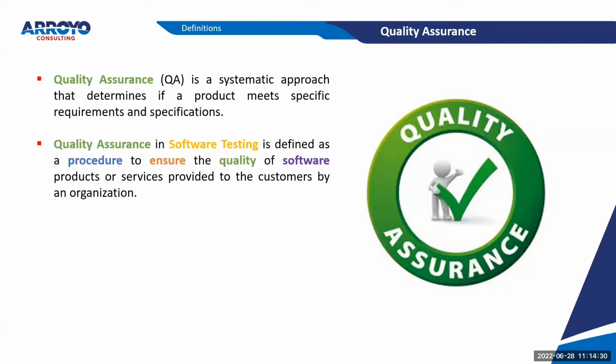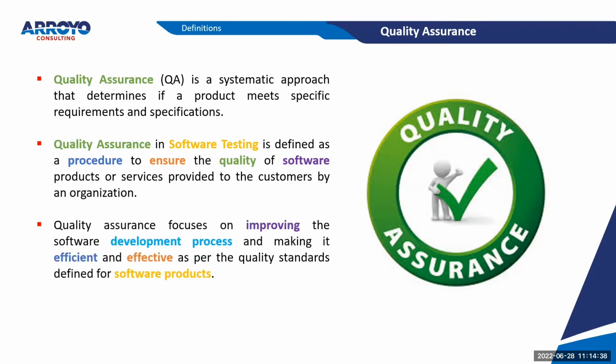It is the software testing procedure to ensure the quality of software, products or services provided to the customers. Quality assurance focuses on improving the software development process and making it efficient and effective as per the quality standards defined for software products. Quality assurance is popularly known as QA testing.